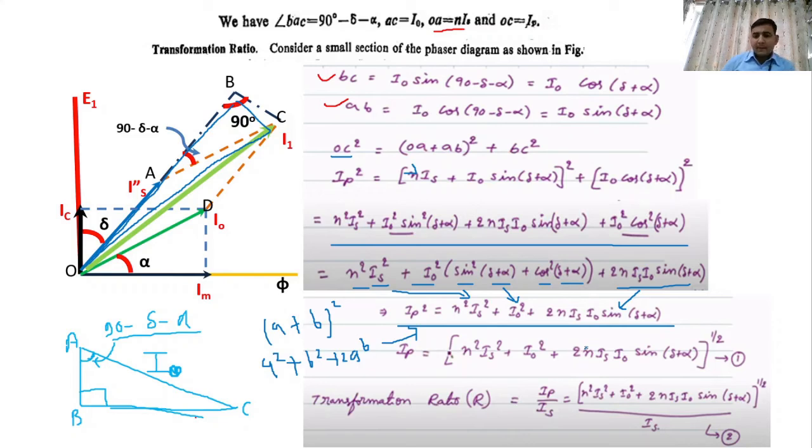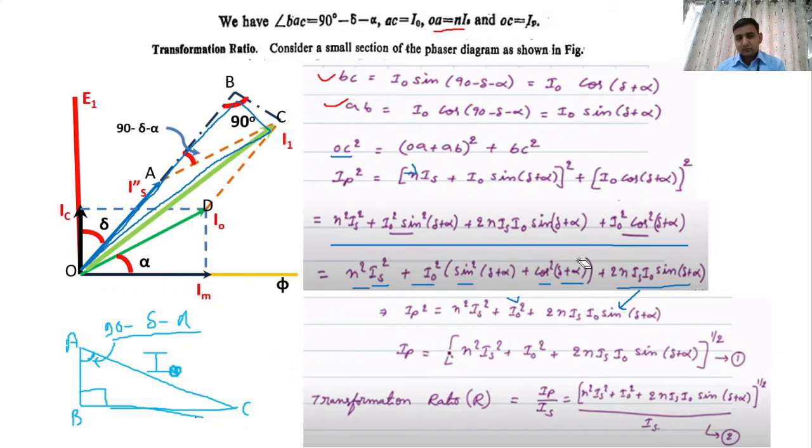Okay. So this primary current is represented in our equation 1 as n²Is² plus I0² plus 2nIsI0 sin(δ+α).